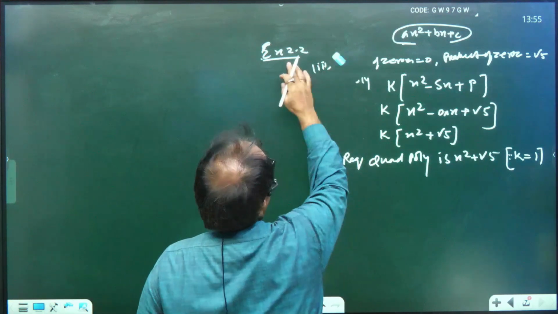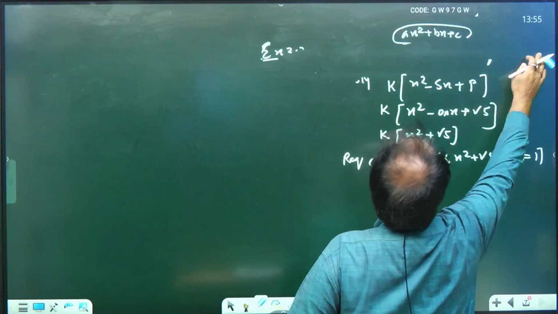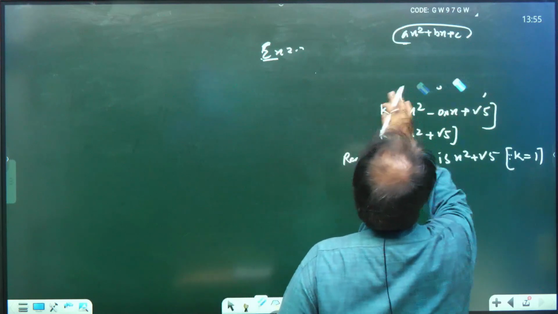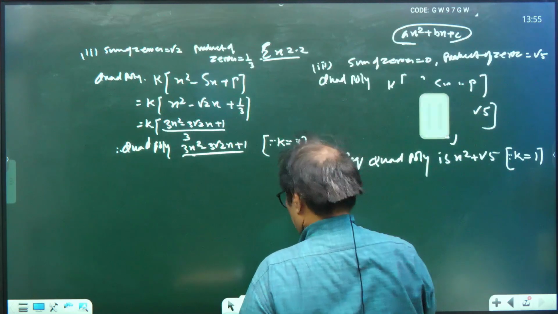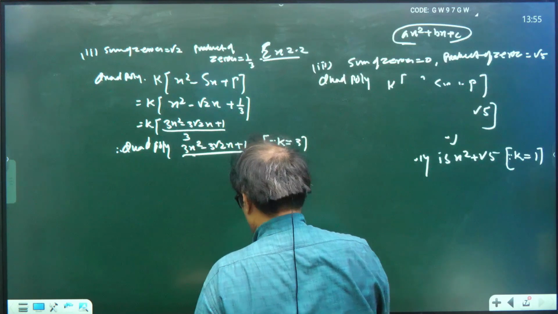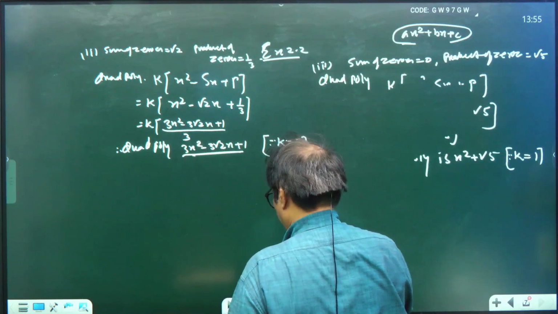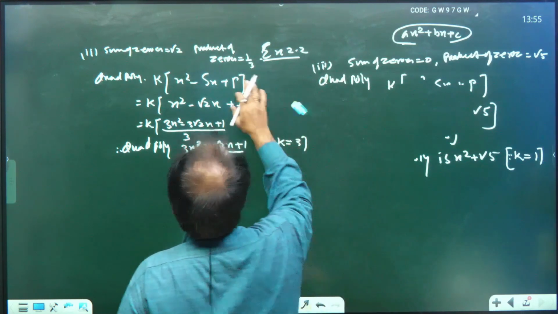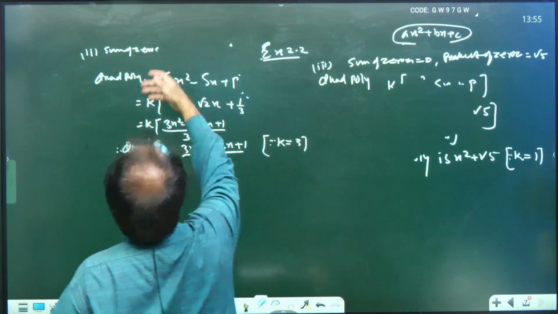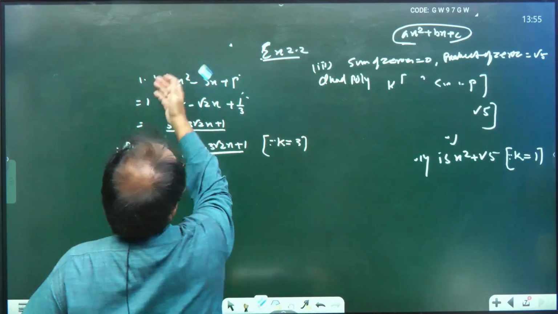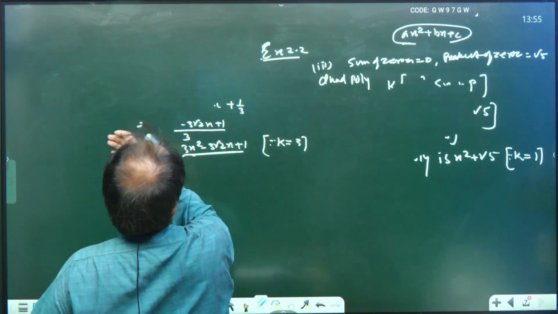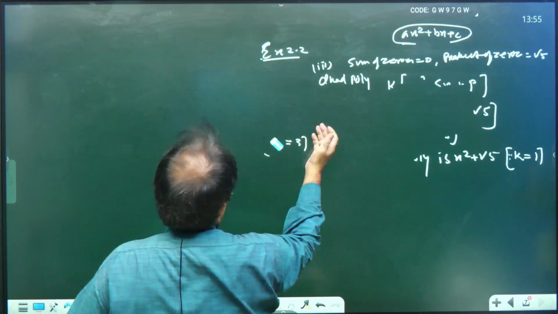How you will find this, and this is the last point, and this chapter will be over. Let me discuss this. That is question based on symmetric functions, it is called.